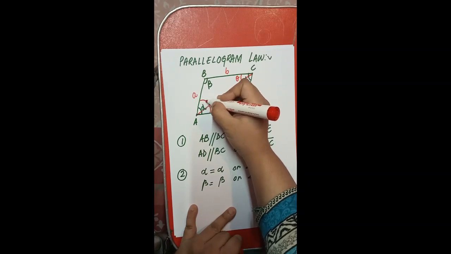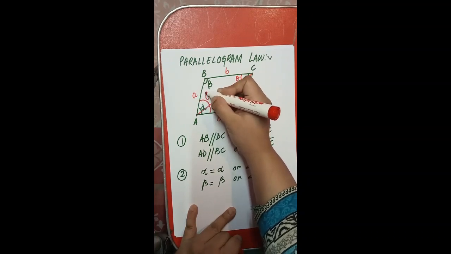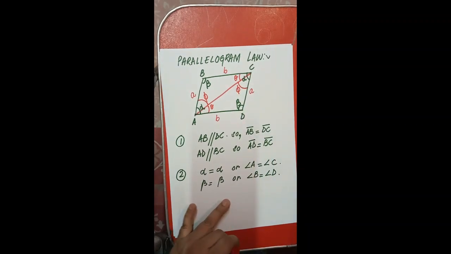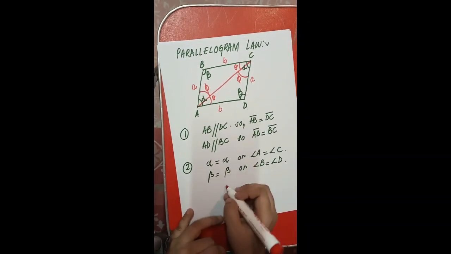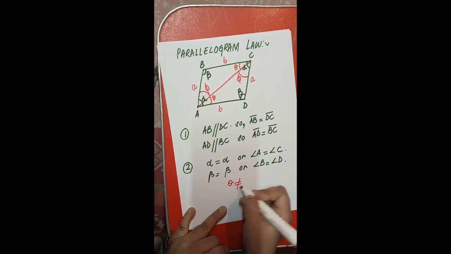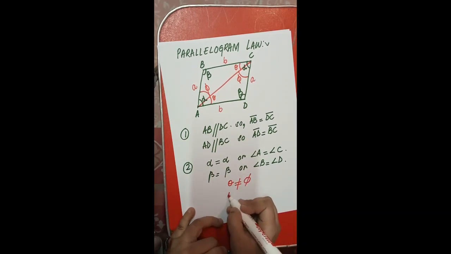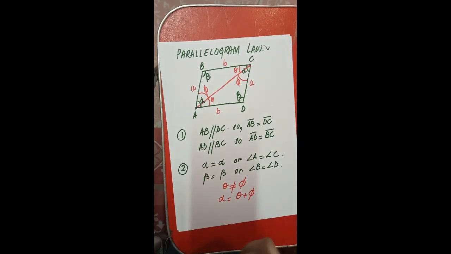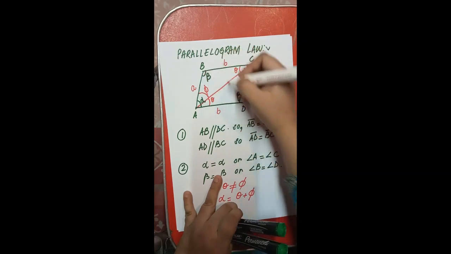If this angle is phi, so this angle should also be phi. But theta is not equals to phi, but alpha is equals to theta plus phi. Keep it in mind. It is always so, and the same happens with this diagonal as well.